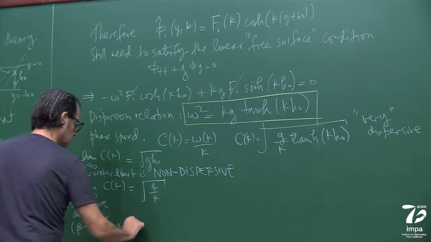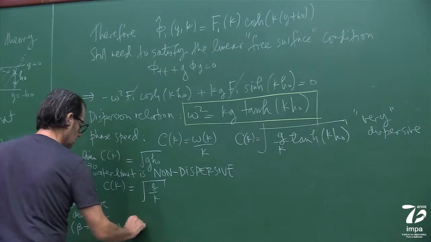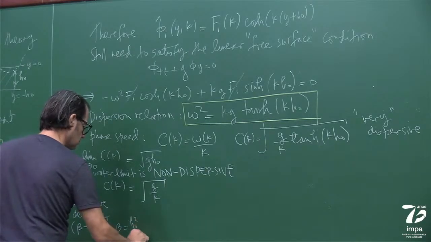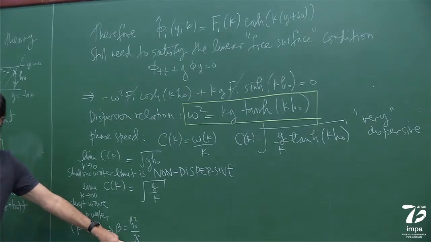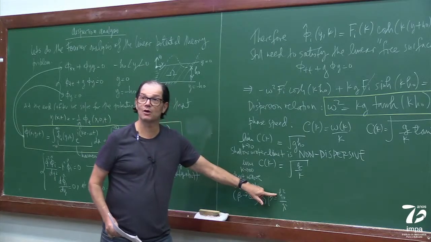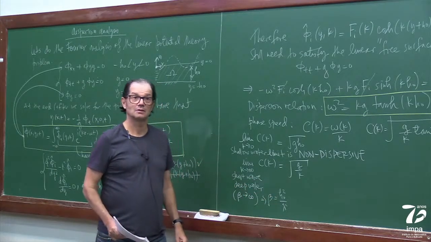Because beta is equal to h0 over lambda squared. So either short waves, which is this going to 0, or deep water, this going to infinity. Okay?